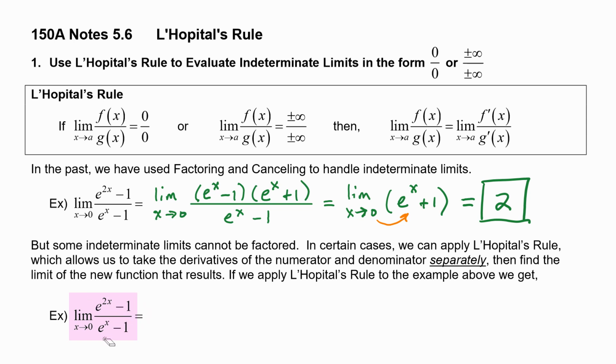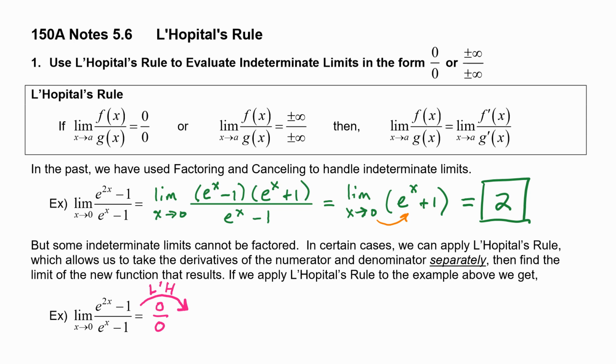And in the denominator, we would have e to the 0 minus 1. Again, that's 0. So we have the case of 0 over 0, which is this first part of the hypothesis of L'Hopital's rule. That tells us that we can apply L'Hopital's rule, and I'm going to abbreviate that with an L apostrophe H.